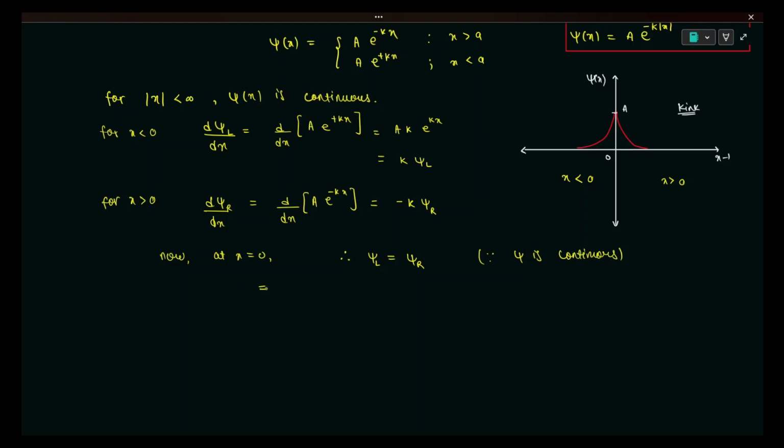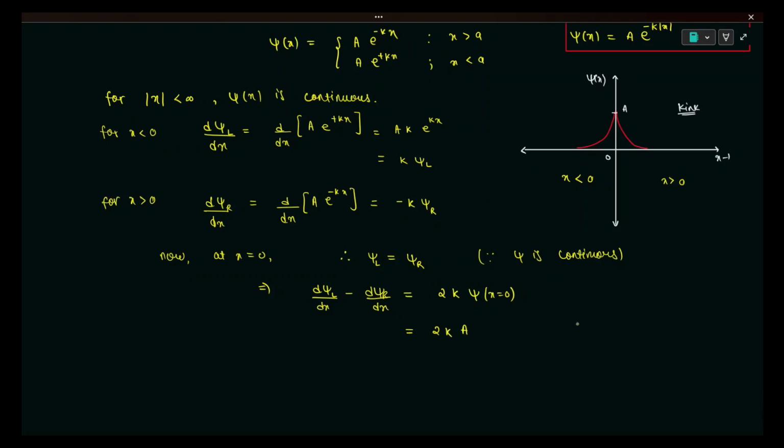So therefore d psi L by dx minus d psi R by dx will be equal to 2 times k and then psi at x equal to 0. So what will this be? 2k psi at x equal to 0, and psi at 0, as I told you, is the value of a. So a is the normalization constant.